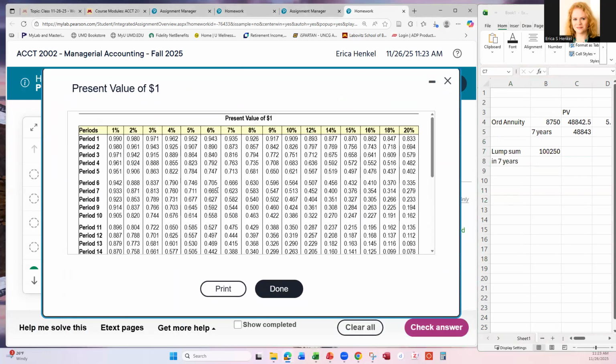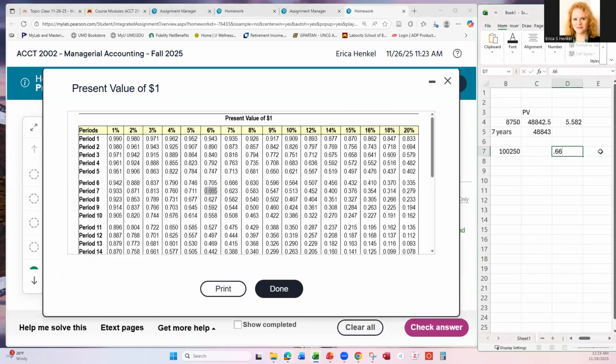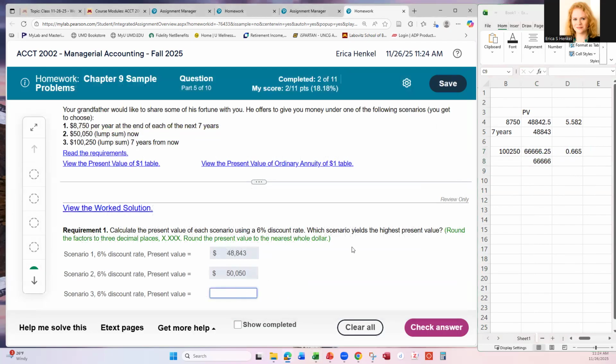So 6%, 7 years gets us 0.665. We're going to take this future amount that we would receive and discount it back into today's dollars. So that one is going to be worth $66,666 in today's dollars.